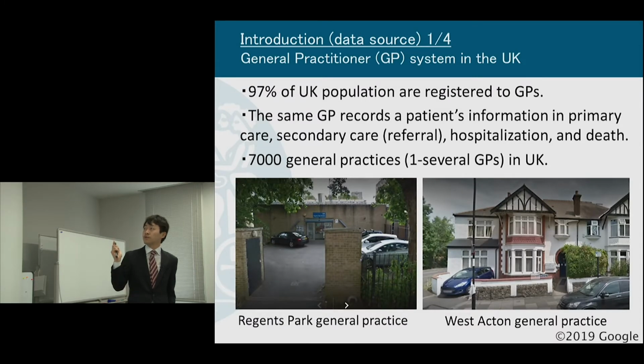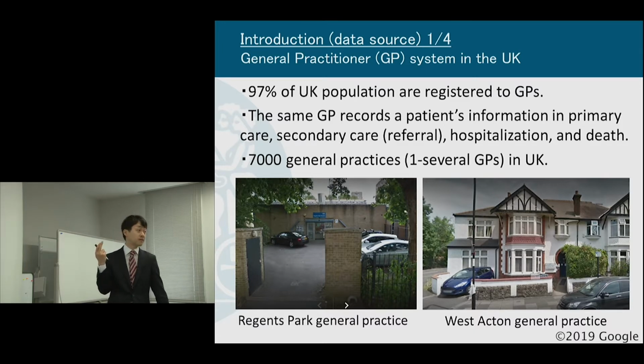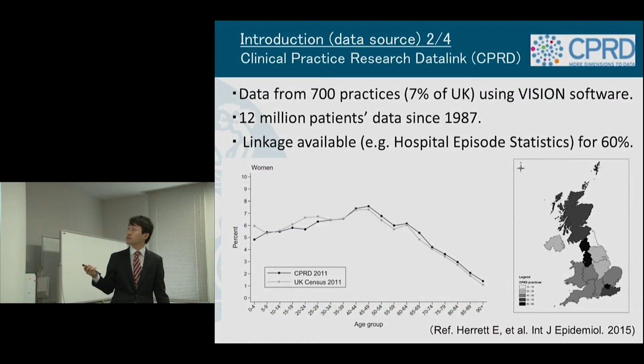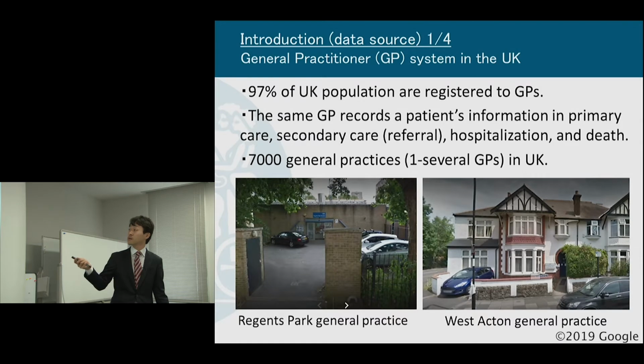Okay, so for the coming 4 slides, let me briefly introduce what is UK primary care database. So in the UK, there is primary care gatekeeper system or GP system, in which almost all people living in the UK are required to be registered to GPs to receive universal health care for free, as I did during my PhD, staying in London.